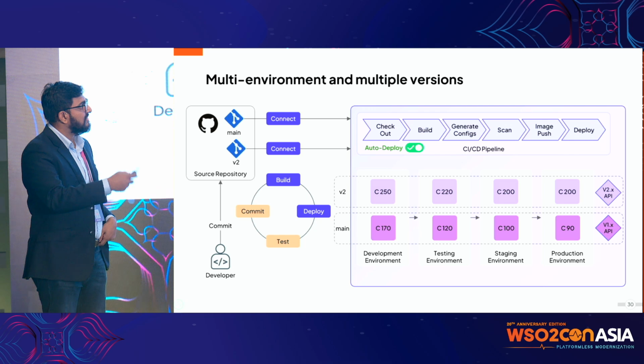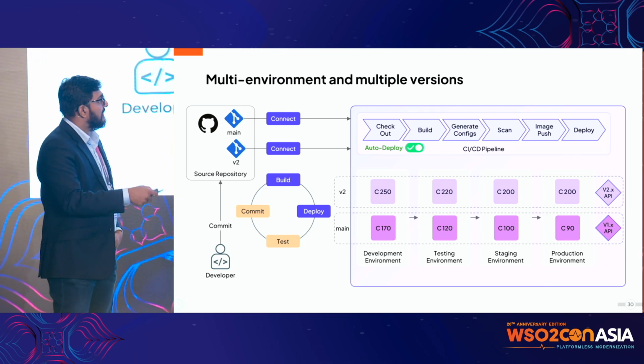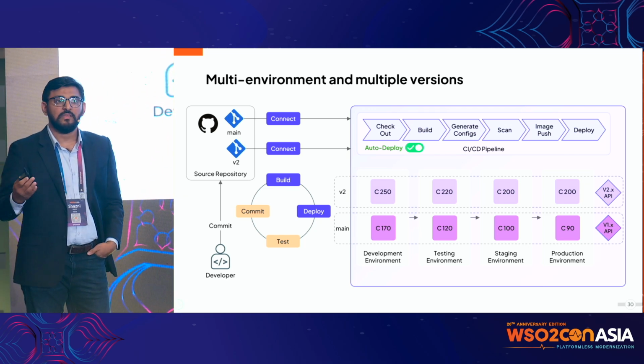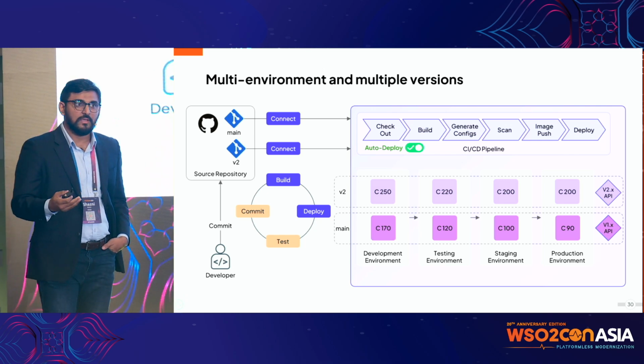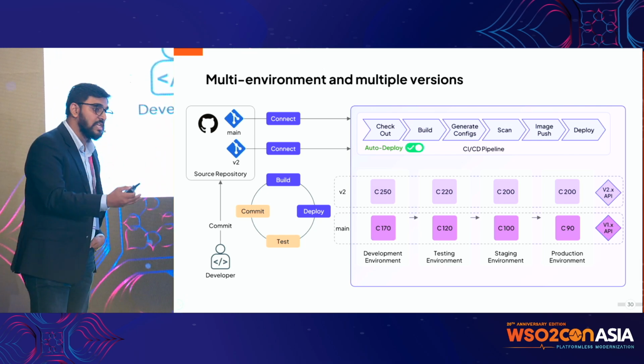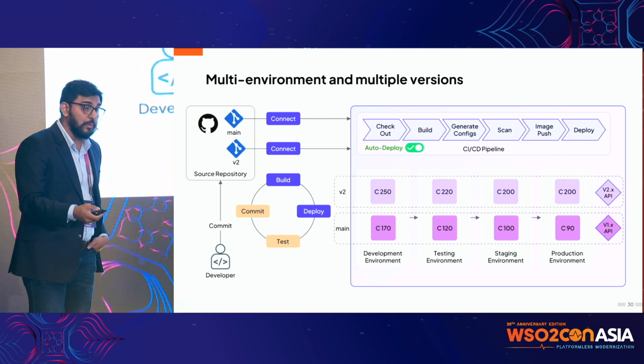So that capability is inbuilt, and with multiple environment support, you can easily incorporate blue-green types of deployments when it comes to incorporating new changes or bringing in new updates.